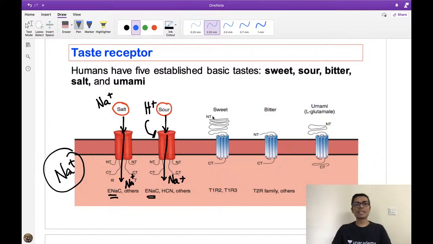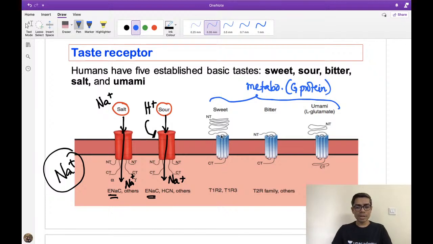Okay, but before that, look at the other half of this diagram, that is sweet, bitter, umami. I told you all three are which kind of receptor? Metabotropic receptors. Metabotropic receptor means they are coupled with a G protein.